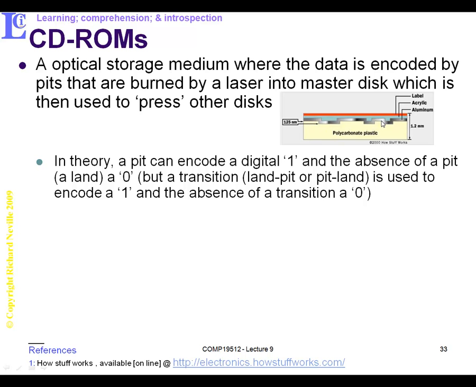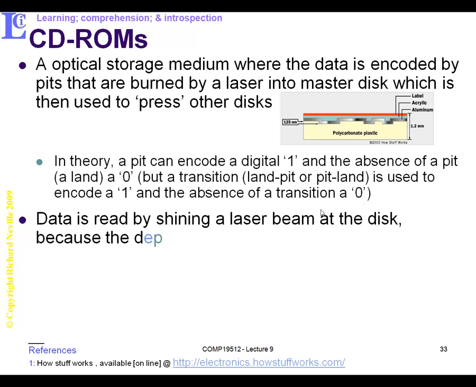So the data is encoded and there are certain layers of hardware that make up this CD. The pit is normally coded as 1 and the land, where there's no pit, is encoded as 0. So the data is stored in 1s and 0s in little pits or lands across the CD. Okay?